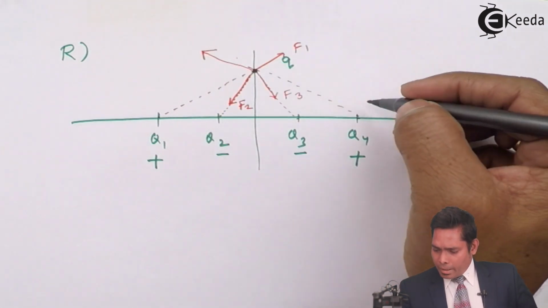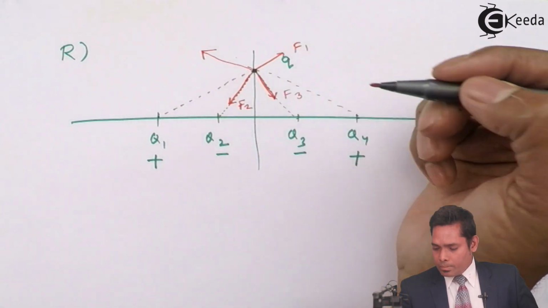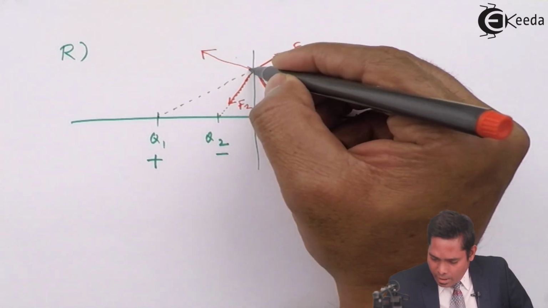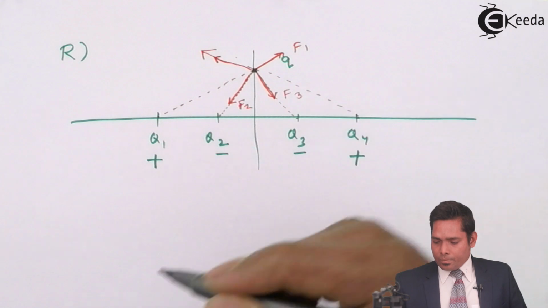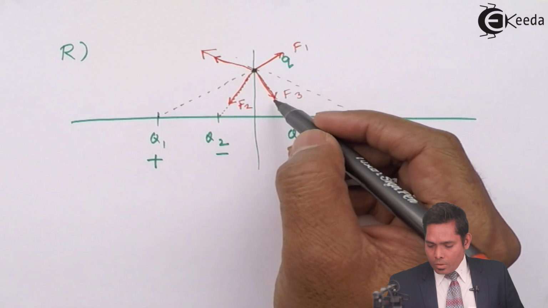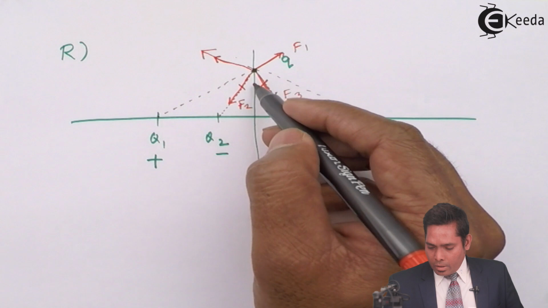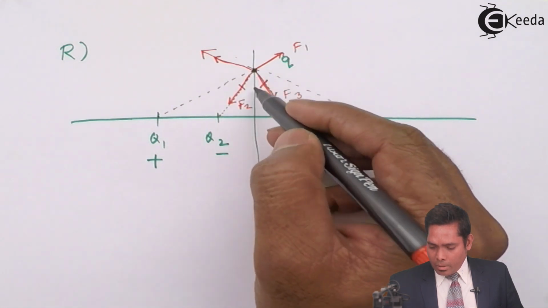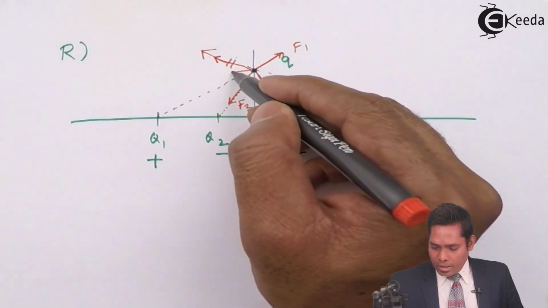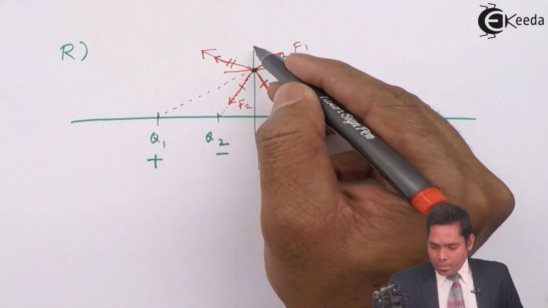This is smaller in magnitude. These are greater in magnitude, and these are smaller in magnitude. This one is smaller in magnitude, equal to that. So this and that will balance in terms of magnitude. So these two forces, their horizontal components will cancel out and vertical components add. This one and this one, their horizontal components will cancel out and vertical components will add up.